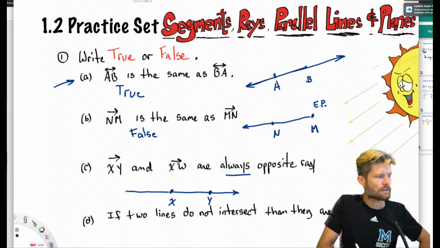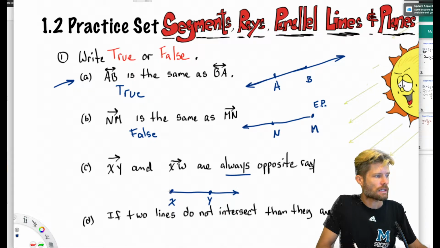They could, like in this case, these are opposite and therefore these two rays are collinear, but it says always, and so it doesn't necessarily have to be opposite. I can make a counterexample that proves it to be false. So it's not always.